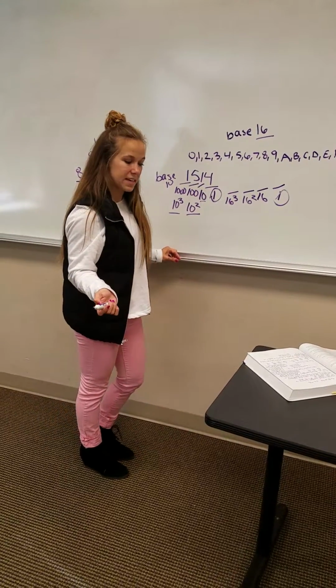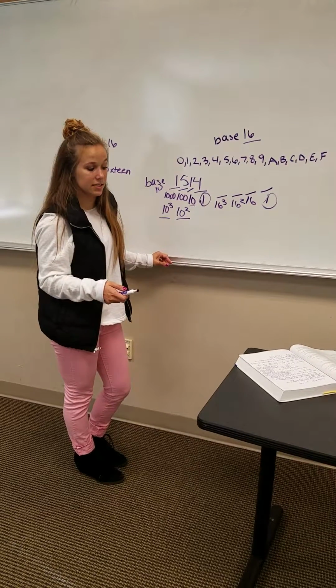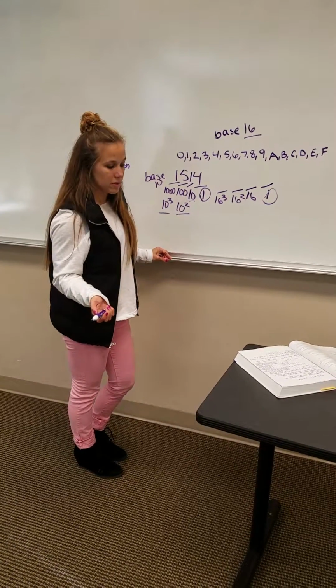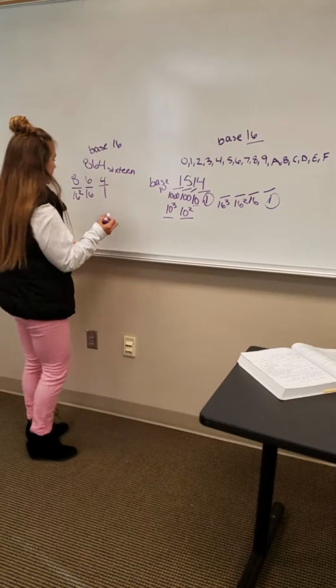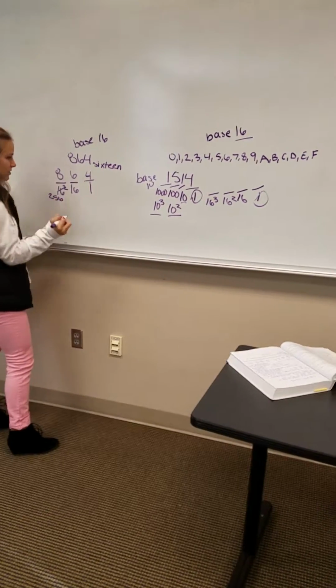First we want to find out what 16 squared would be, so we know how many 8's there are in the 16 squared place. That would be 256. So now we have, instead of 16 squared, 256.